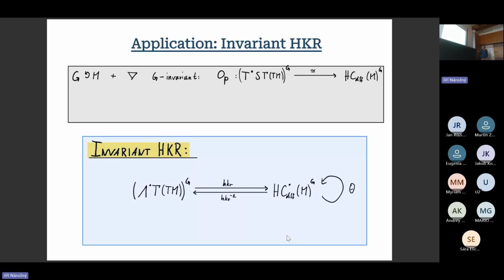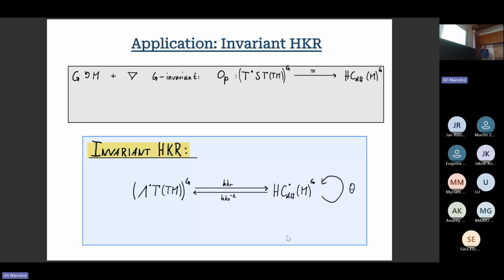They will all be equivariant, so we can restrict them to the invariant objects. So what we get is a general invariant HKR theorem for Lie group actions, with a homotopy we already defined, HKR map and quasi-inverses between the invariant Hochschild cohomology and the invariant multivector fields. As far as I know, this result has not been done before.